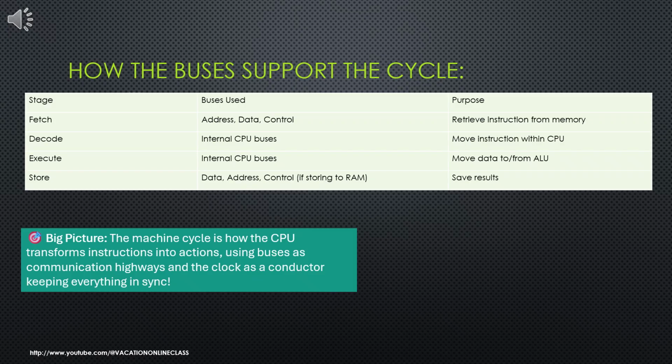It shows how all these moving parts synchronize perfectly to process a single instruction. The machine cycle is how the CPU transforms instructions into action, using the clock as a conductor, keeping everything in synchrony.